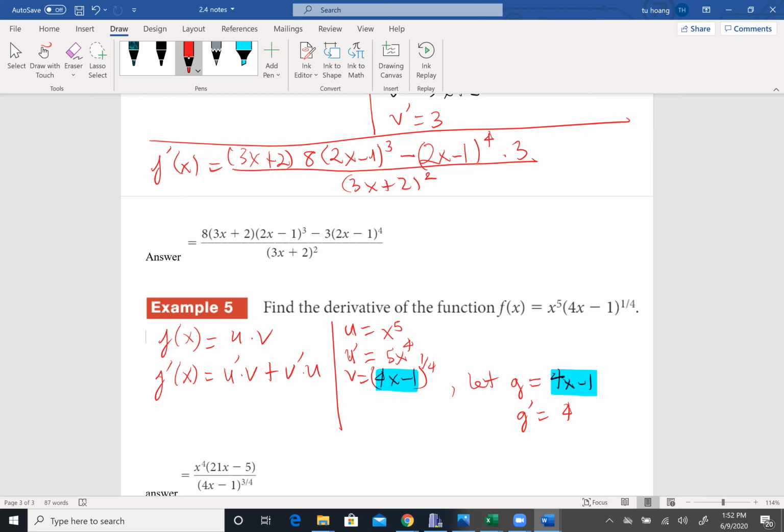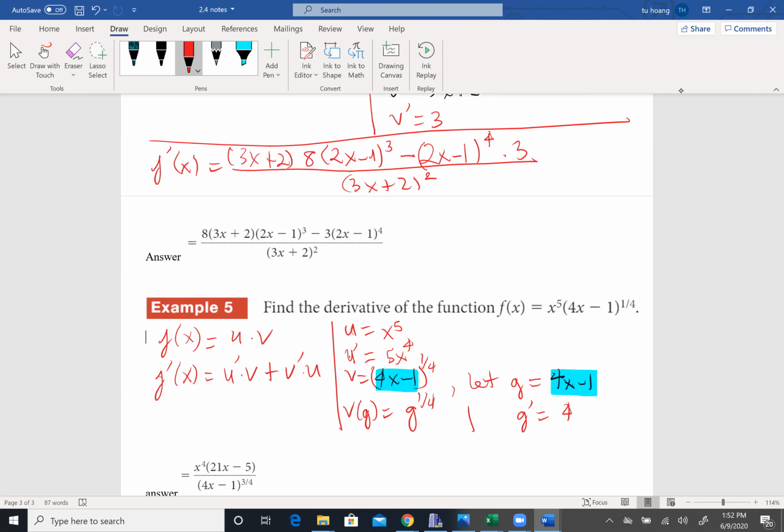Now I would like to take the derivative of the outside function, but before doing that, I need to change it to become a function of g. So that equals g to the power 1/4.